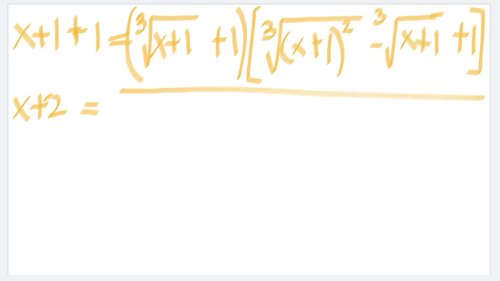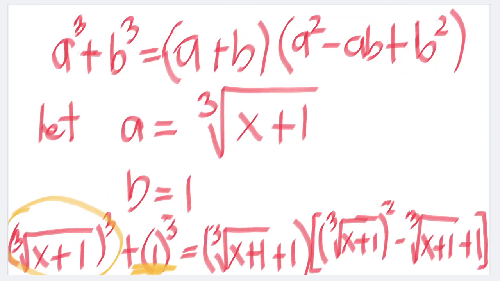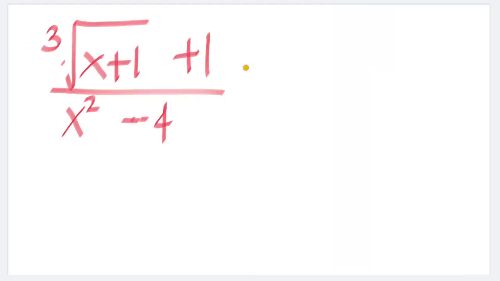Okay, so this one, we just have to multiply by what, so that the radical sign here will be cancelled.